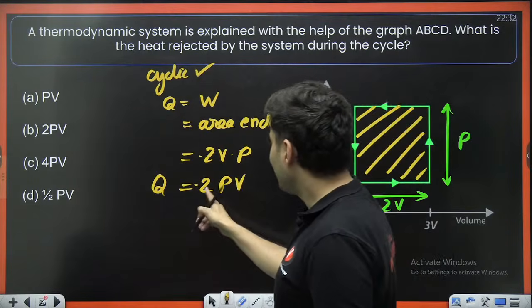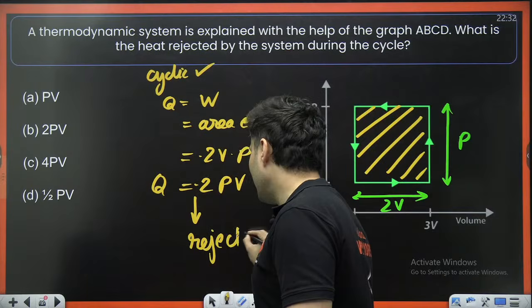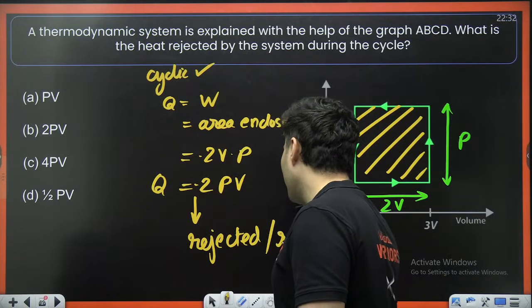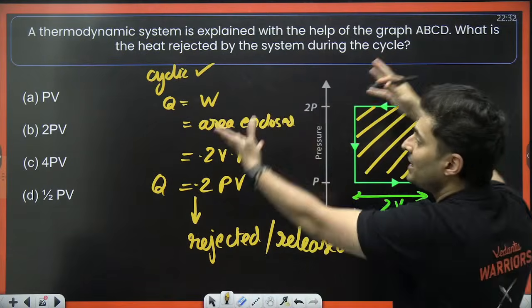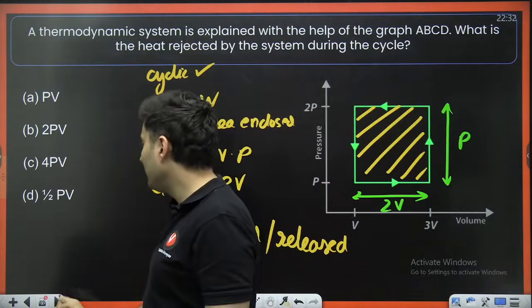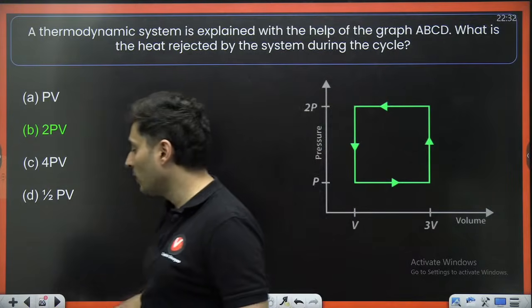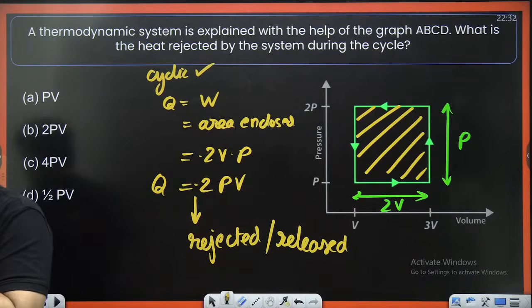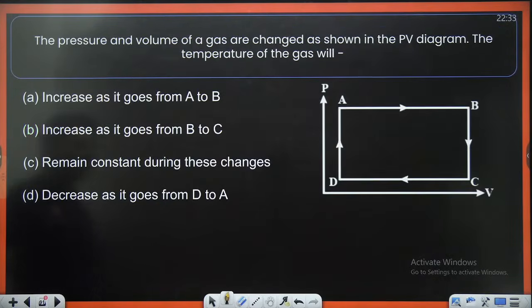This minus sign just says that it has been rejected or released. And the question is only how much heat has been rejected. Your answer will be 2PV, not 4PV. Be careful. Some of you made that mistake. It is 2PV. Correct.